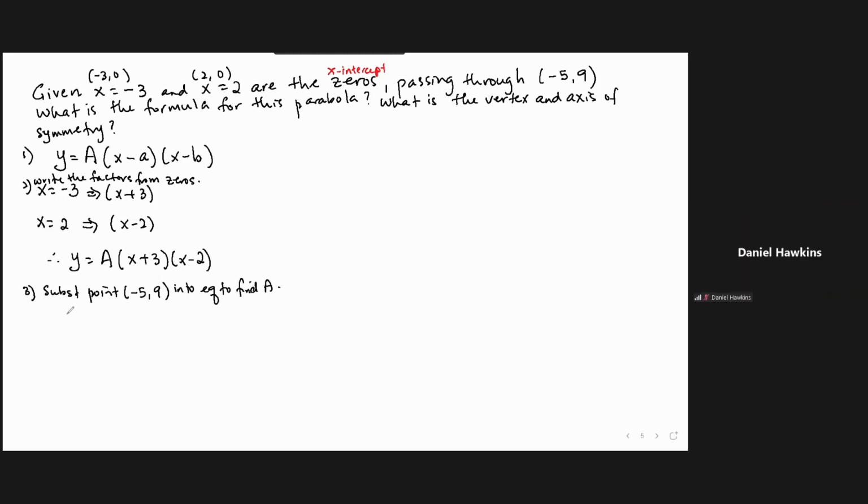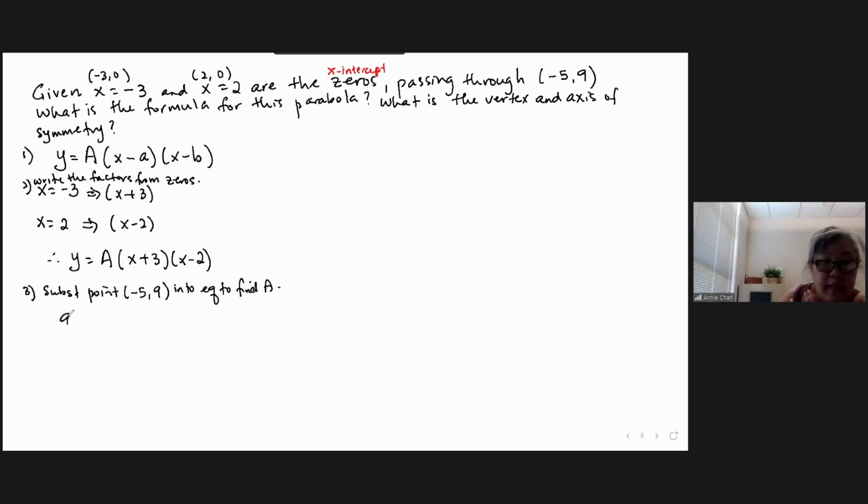So what do we have? What is y? 9 equals a times x, which is -5 plus 3. The other x is -5 minus 2. That will give us 9 equals a times -2 times -7. 9 is equal to 14a.